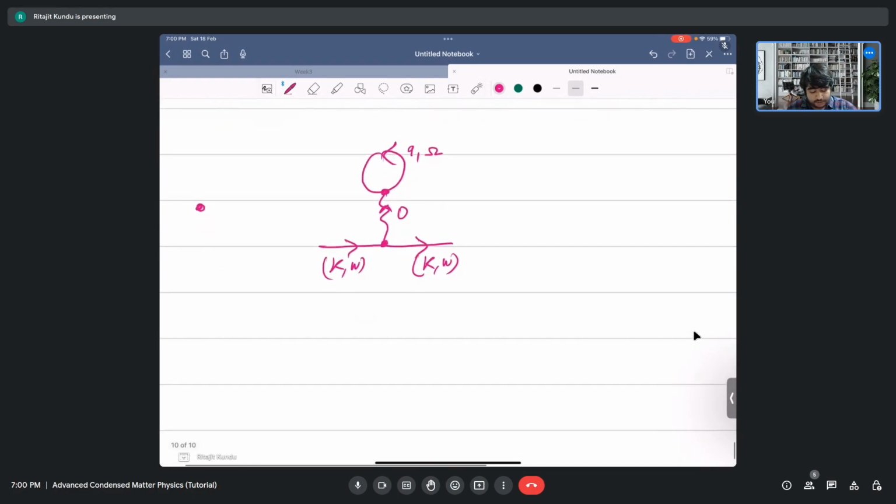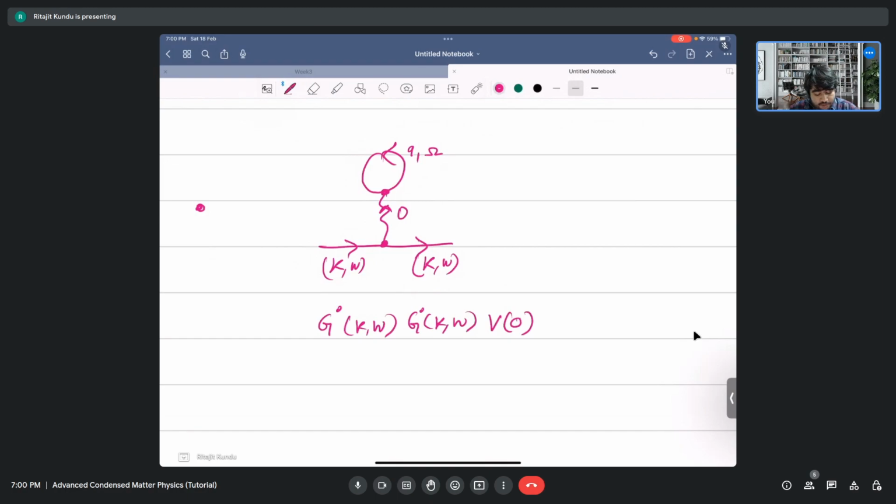Yeah, so now we can write the Green's function. For these two lines we'll write the bare Green's function, and for this whole loop also we'll write a bare Green's function. So let's write this: G0(k, omega) and G0(k, omega). With that I'll write V(0).